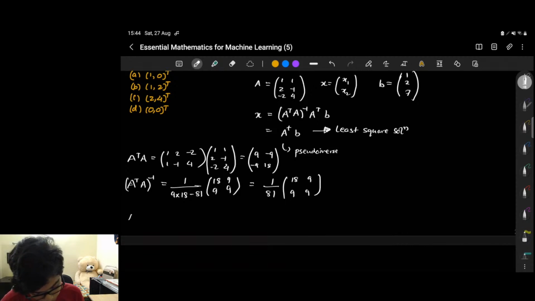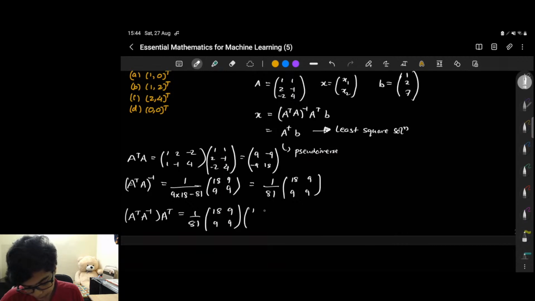Now let us multiply this with A transpose. So plain simple arithmetic it is. Just make sure you are doing the multiplications properly. Otherwise, there is chance of doing some calculational error.